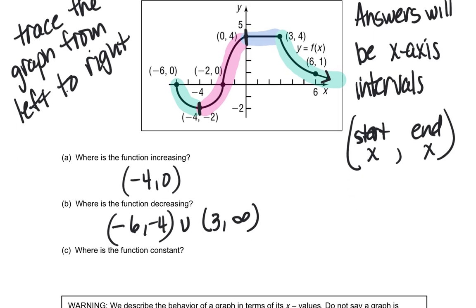And where does it remain constant? From 0 to 3. And that's how you determine your intervals. Look at it from left to right, and then mark your answers as x's. Questions? All right.